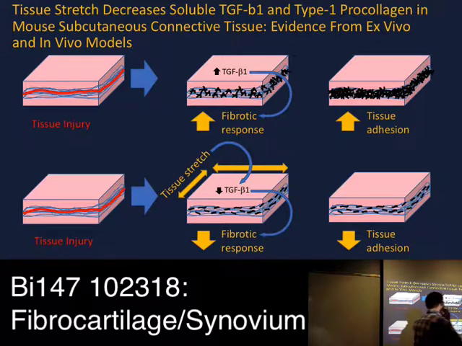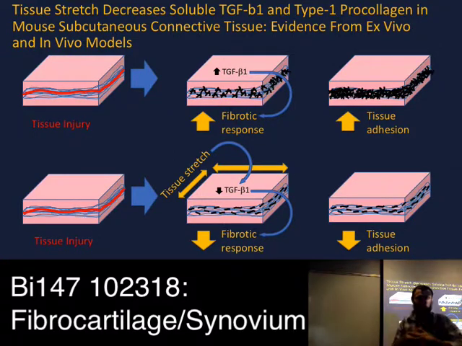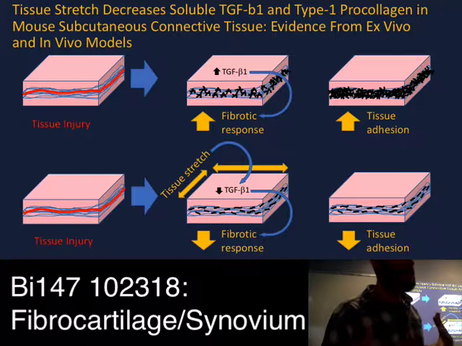All right. On the other hand, in the stretch response, the mechanical process of stretching causes a reduction in tissue growth factor beta 1, which reduces that fibrotic response and leads to a decrease in tissue adhesion.